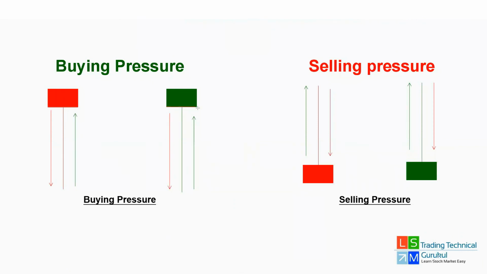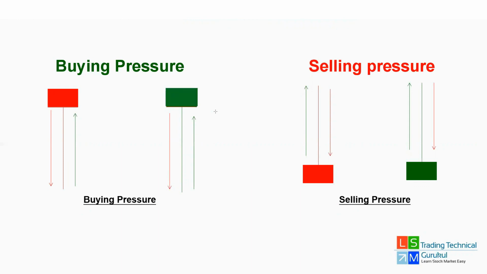This is the open. It tries to move down. Then it tries to move up. Again, whenever it crosses the opening of the candle, then it is covered. It is actually looking green. Okay, this is the buying pressure.